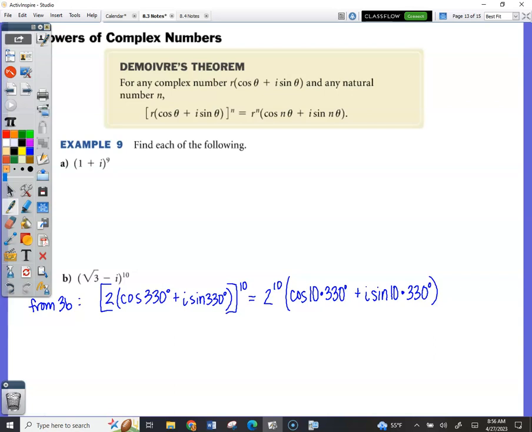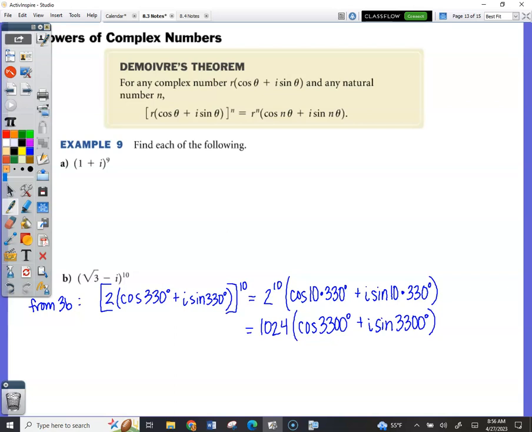Now you can probably see where I was saying these numbers are ugly. 2 to the 10th power is 1024. And then, of course, here you're just tacking on a 0. And that is way too big to pull the trig function.